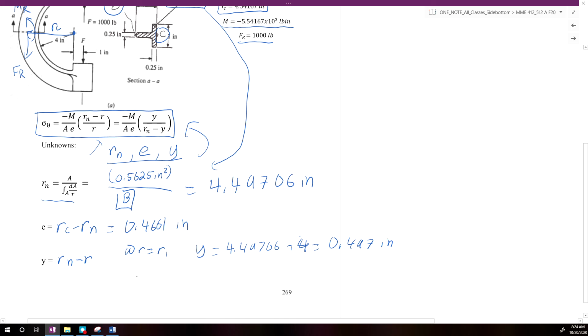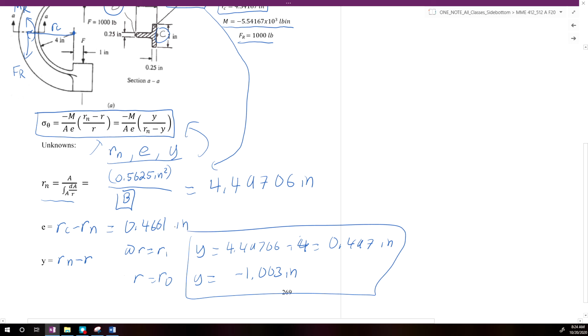And then for r equal to r outer, y is going to be equal to negative 1.003 inches. So those are our two values for y.